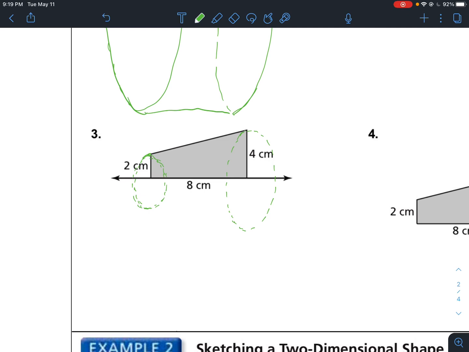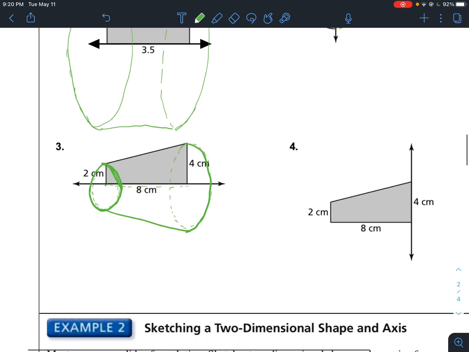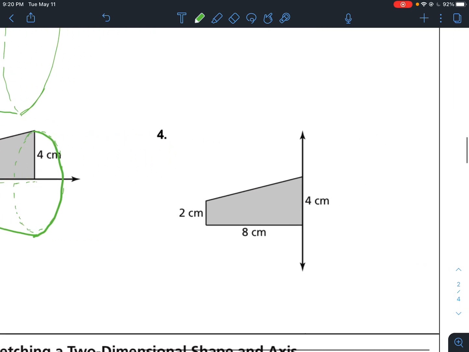Okay, and this line right there to there. Okay, so that's generally the shape that it should make. So it's kind of like a cone, but the top's cut off right there. So bottom section of a cone.